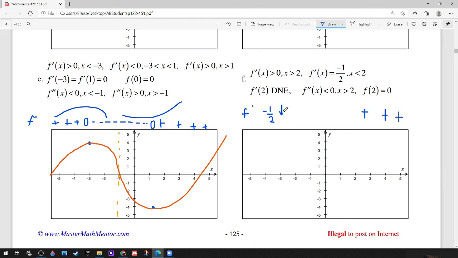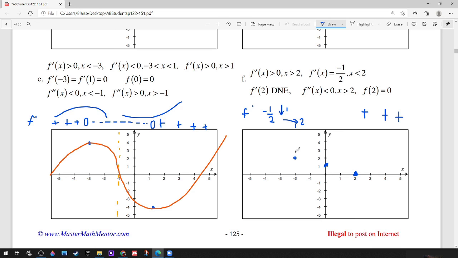That's down 1 over 2, right? It's giving me an exact slope that I have to follow. f of 2 is 0. So we're guaranteed a slope of -1/2 when we're less than 2.